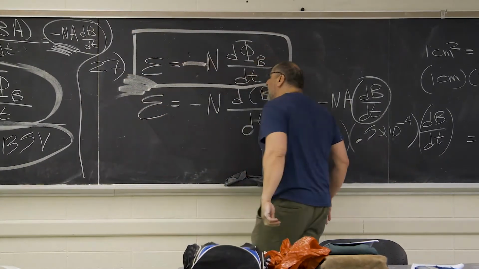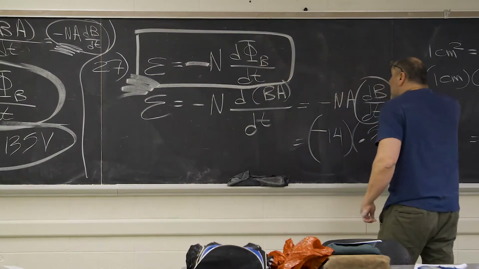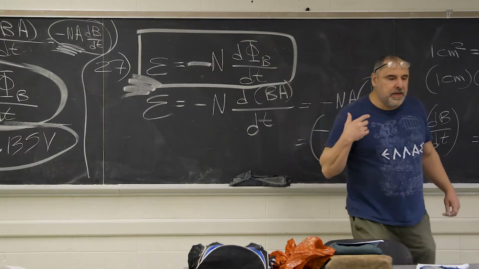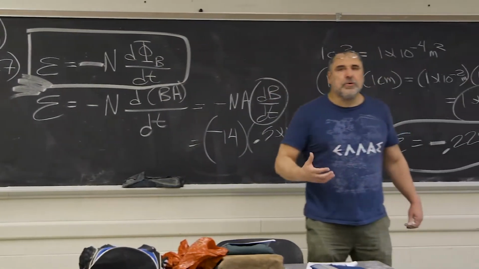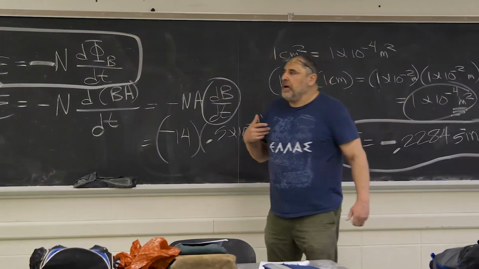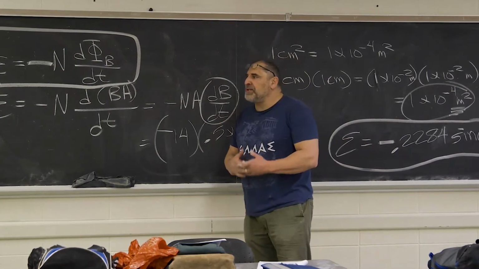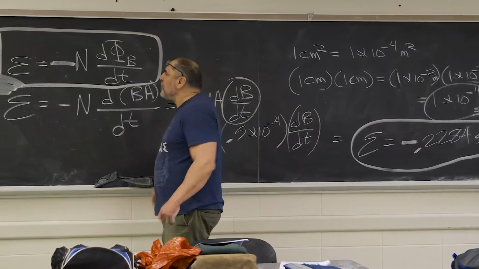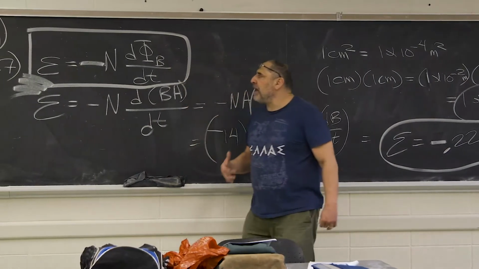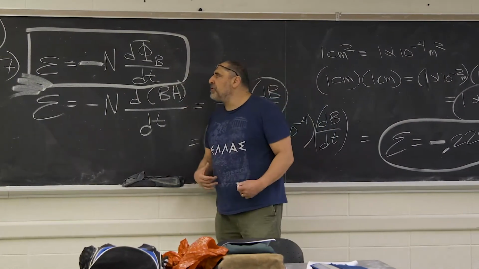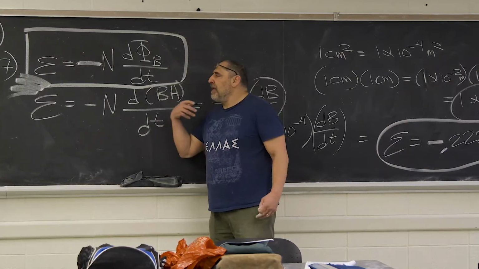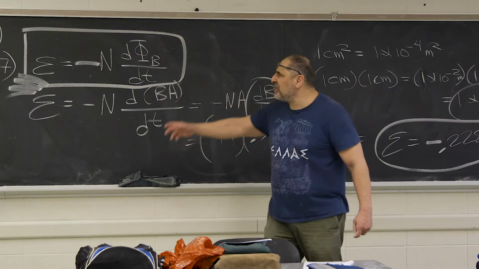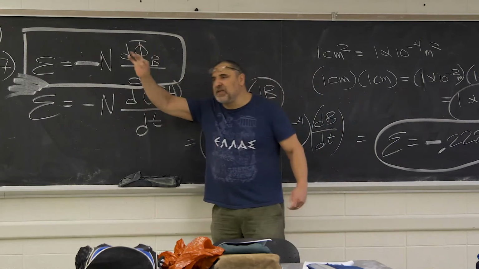There is significance there, and I don't want to belittle it completely, but the magnitude is what matters, and the negative just tells you the induced EMF produces a potential difference. The changing flux produces an induced potential difference that opposes the original flux that was being imposed upon it. That negative gives you the bookkeeping for that.